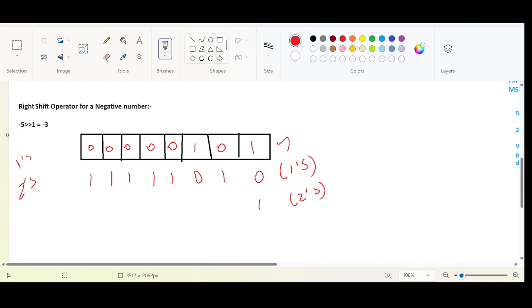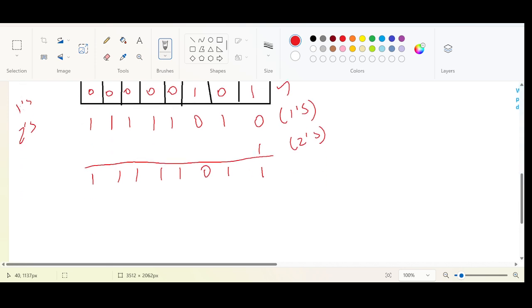Just simply add 1. The output is going to be 1 1 0 1 1 1 1 1. This is the value that we got.